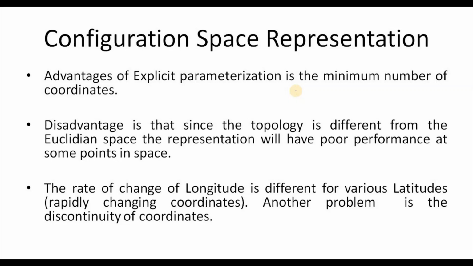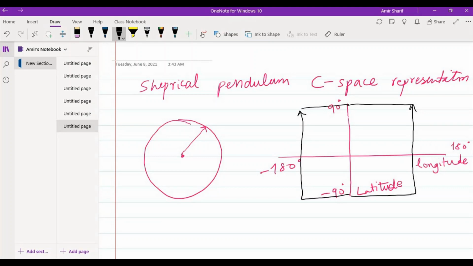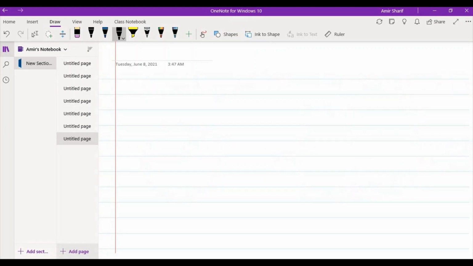The disadvantage of using explicit parameterization is that since the topology is different from the Euclidean space, the representation will have a poor performance at some points in space. So this is a problem with using explicit parameterization.